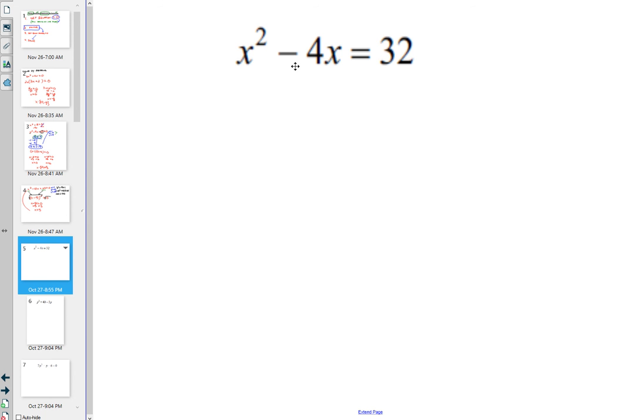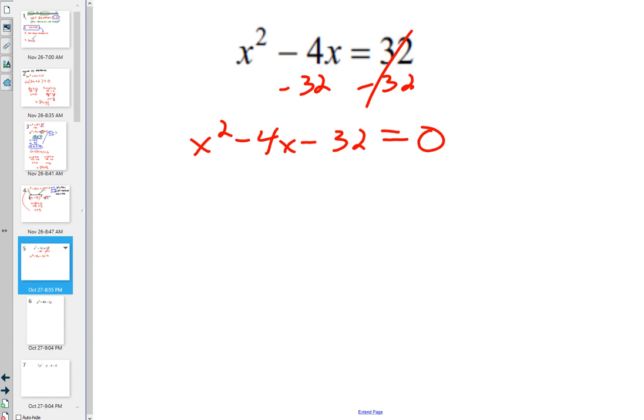All 3 terms have to be on the same side, but I want them to end up on a side where the lead coefficient, the number out in front of the square, ends up being positive. If I were to move everything to the right, that would end up being negative. I don't want that. So I'm going to start off by doing minus 32 on both sides. That will cancel out. So I get x squared minus 4x minus 32. Make sure you write it in standard form from biggest exponent to smallest exponent.